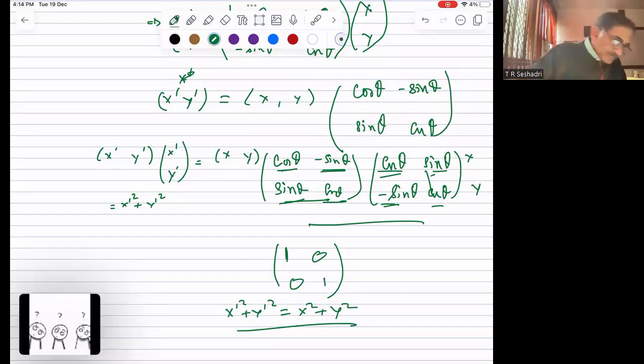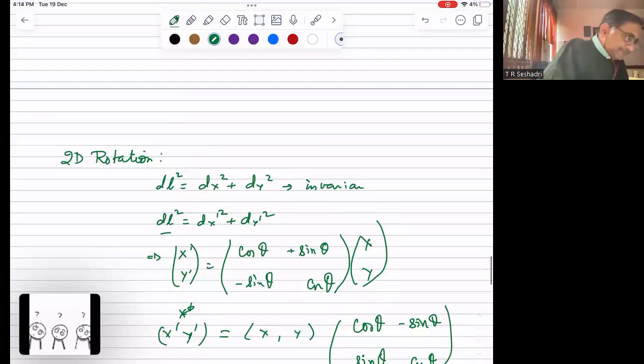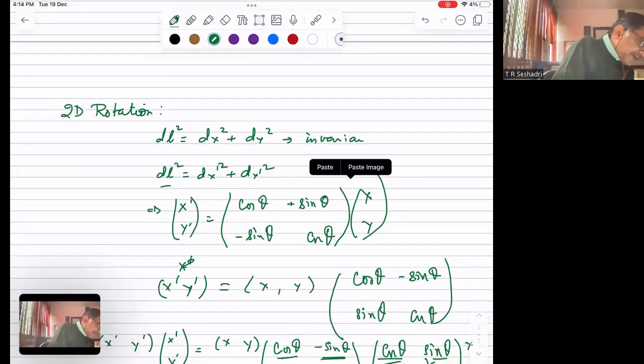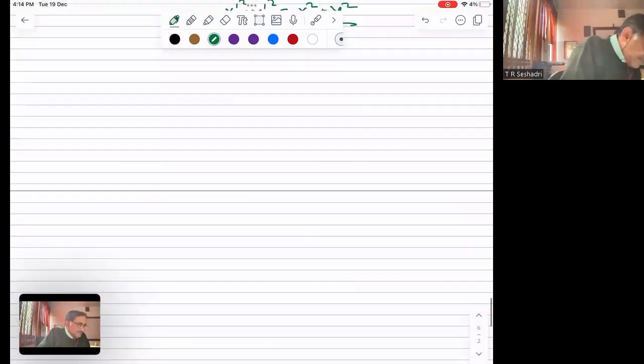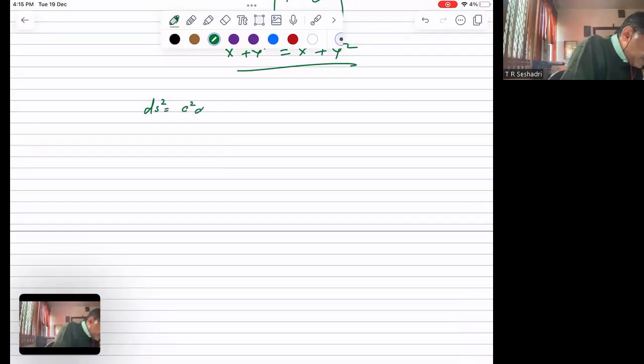Yes. Now let us see what happens here. Here we had both these things as positive. Now the situation is ds square equal to c square dt square minus dx square.